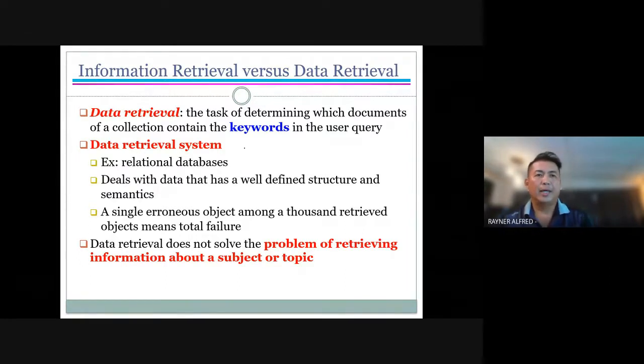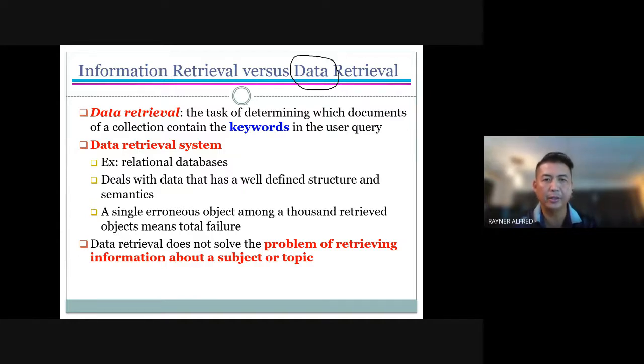This is to differentiate between information retrieval versus data retrieval. When we talk about data retrieval, we are talking about data that's stored in a database. In your relational database, you want to have actual matching.